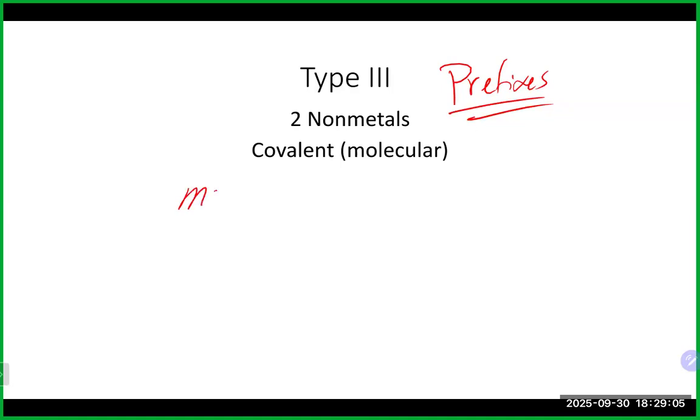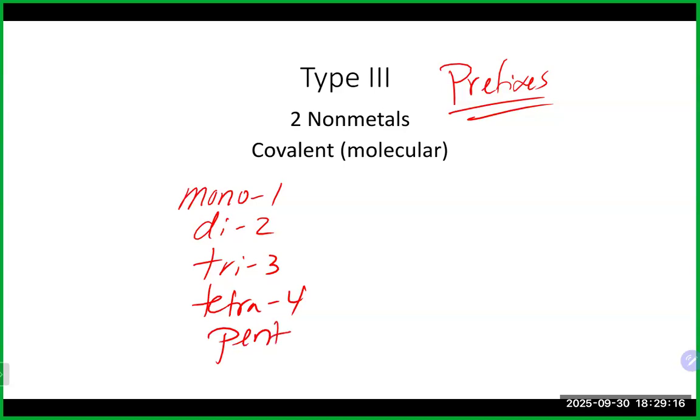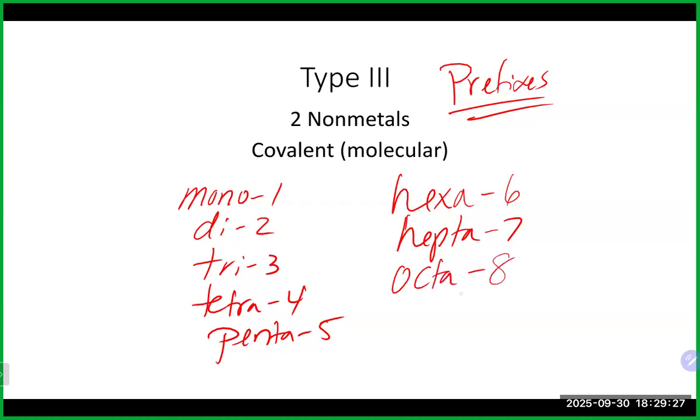We use, for example, mono, which means 1, di, which means 2, tri is 3, tetra is 4, penta is 5, hexa is 6, hepta is 7, octa is 8, maybe nona is 9, and maybe a deca, why not, for good measure, it's 10. So these are the prefixes that we use.